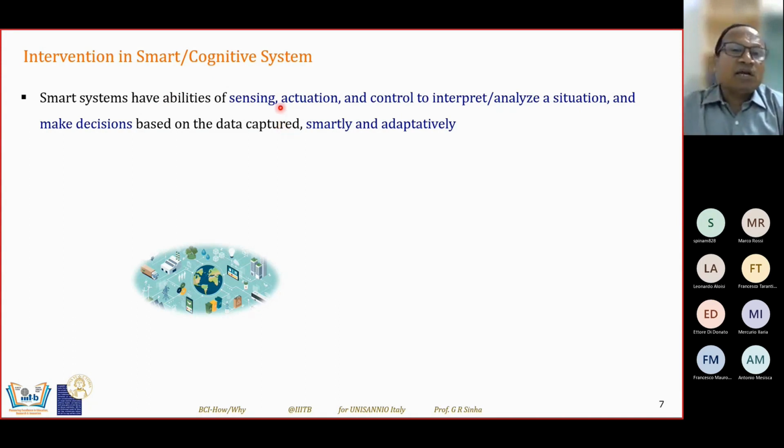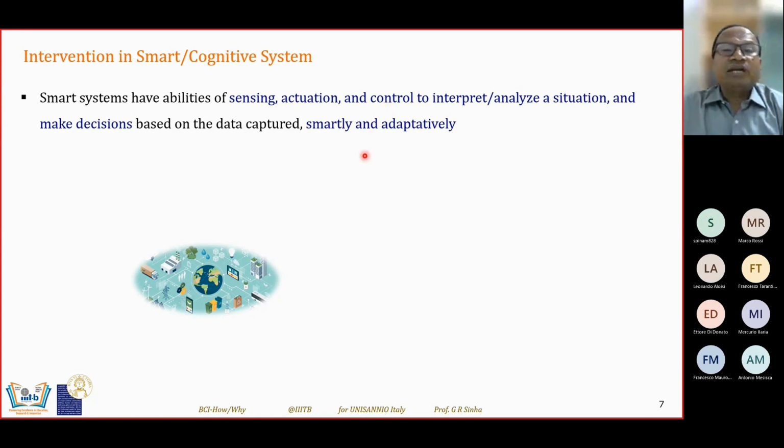If the system has all the abilities of sensing, actuation, control to interpret, analyze a situation and make decisions based on data captured, and the decision can be made smartly and adaptively, then the system is called a cognitive system as well as smart system, having ability to actuate and to provide control signal, and also interpret a real-time situation. The real-time situation is there in all self-driving cars, the robot devices used in healthcare, they have the cognitive ability.